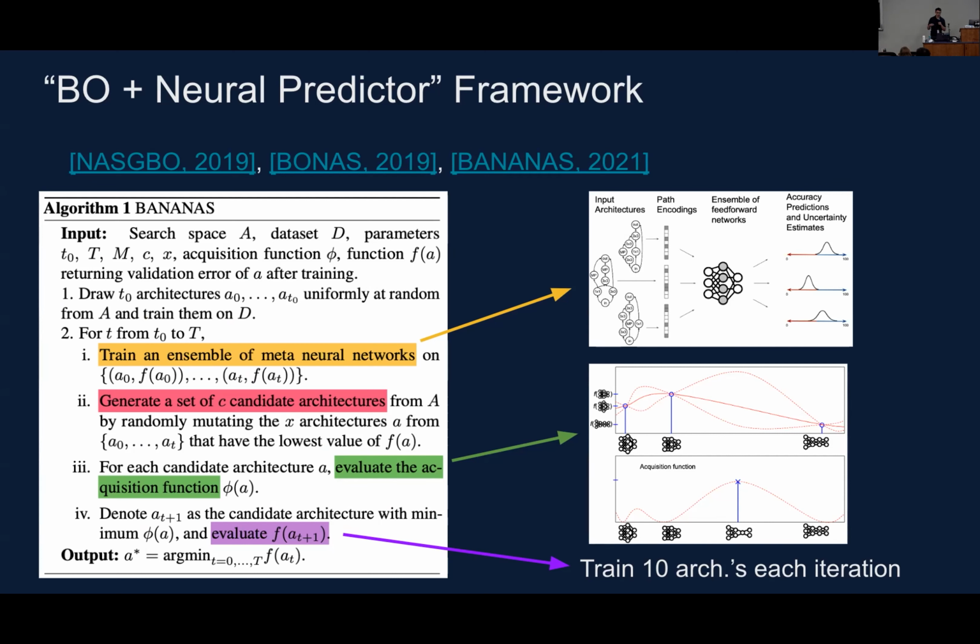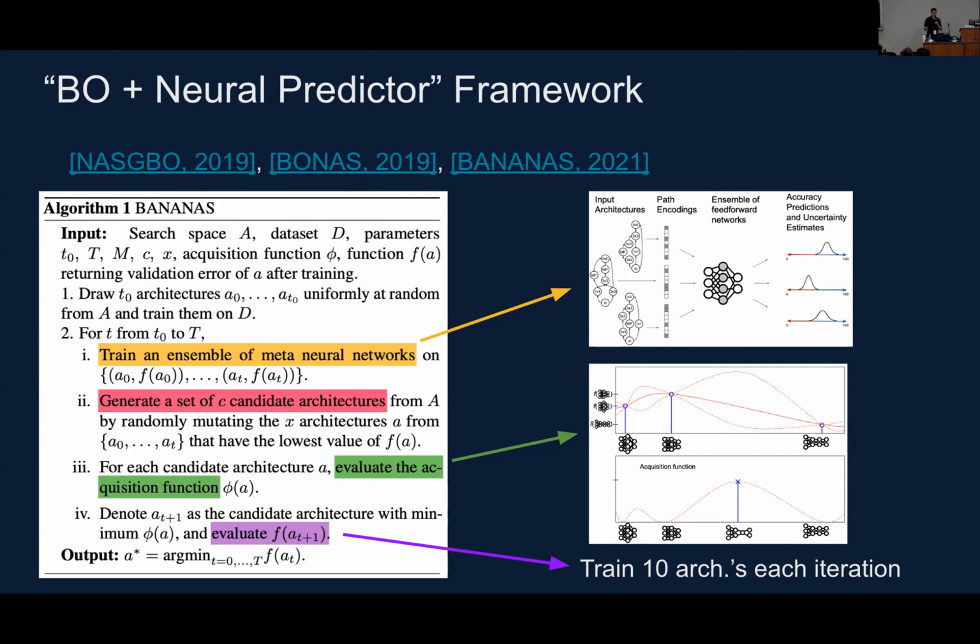In this algorithm, in the first round, we might randomly pick some architectures, and then we start this iterative process where we take all the architectures that we've fully trained so far, and use that as training data to create this model that takes in architectures as input and predicts their accuracy.